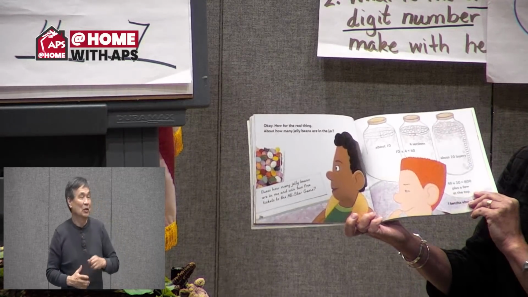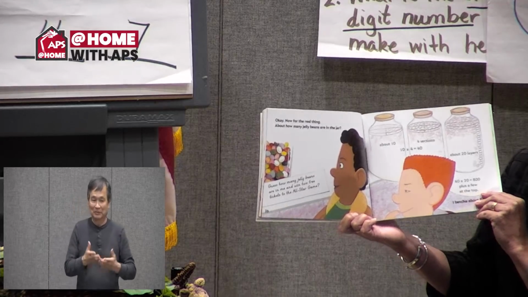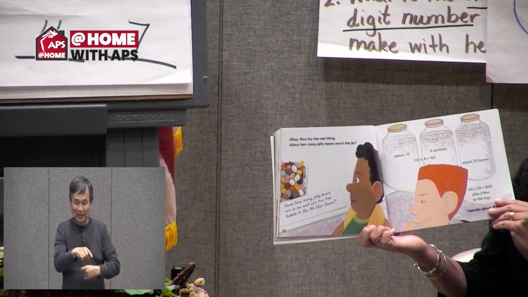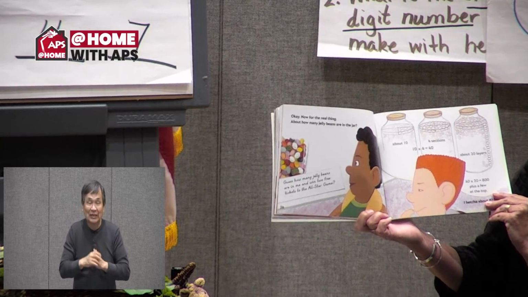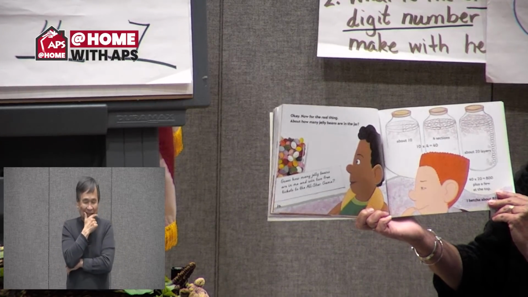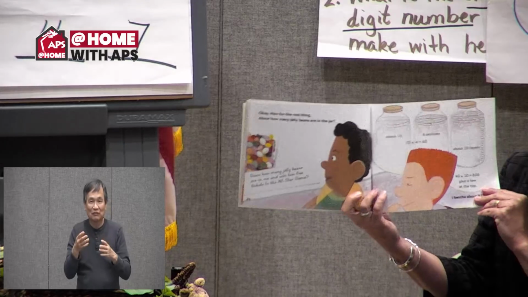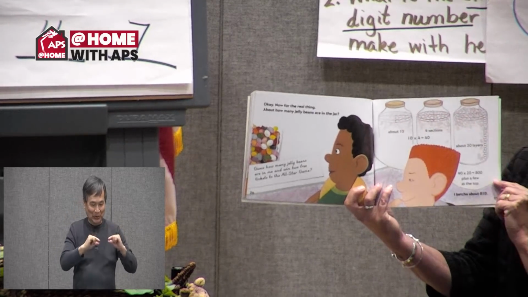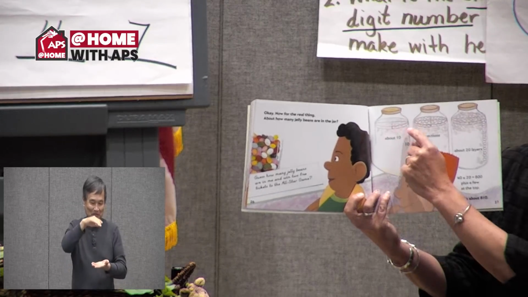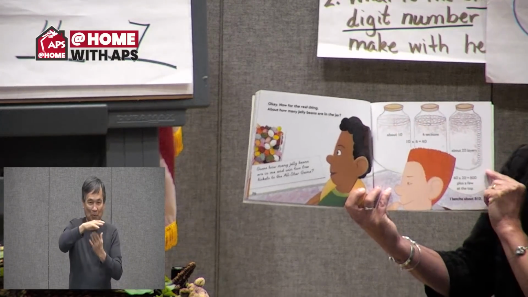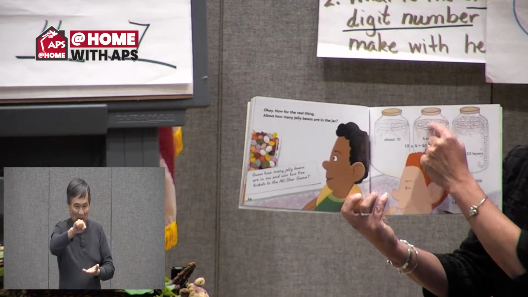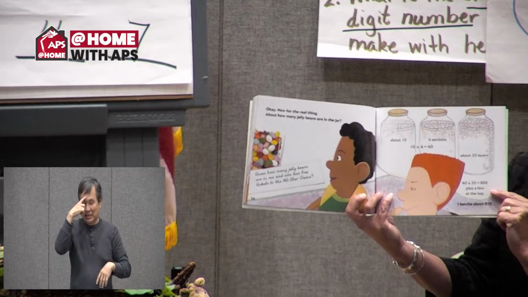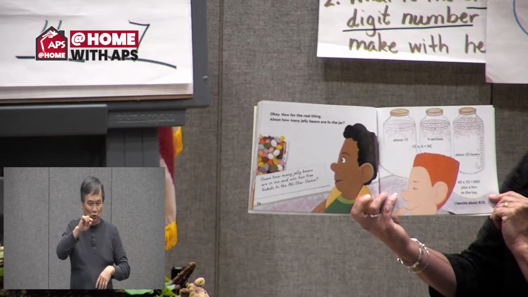Okay, now for the real thing, about how many jelly beans are in the jar. This is the contest, right? Remember they wanted to try? So his strategy here, he thinks about layers of jelly beans in the jar. So he thinks the top layer, he divides it into 4 sections, and he thinks there's about 20 layers like that in the jar.